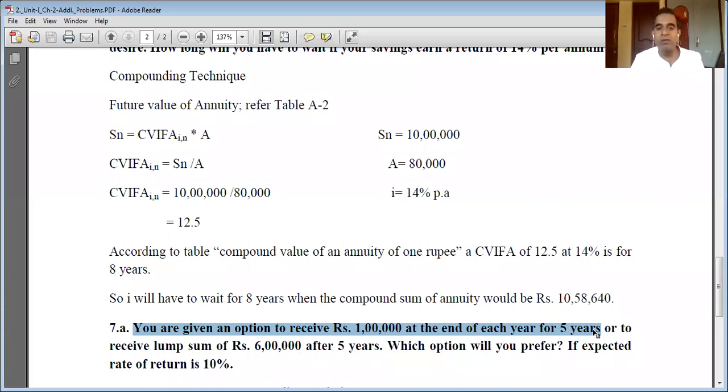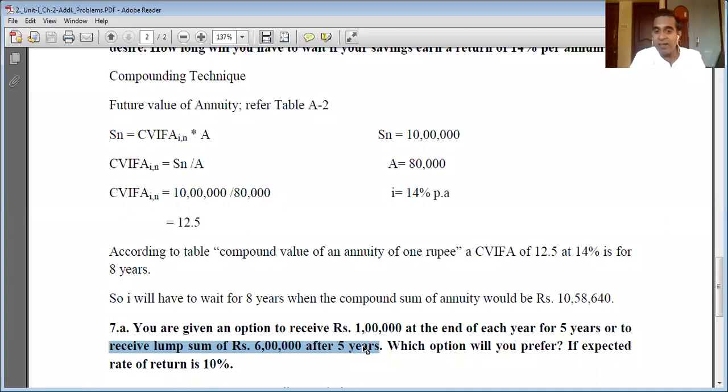At the end of second year, 1 lakh. At the end of third year, 1 lakh, like that. Or another option, to receive a lump sum of 6 lakh rupees after 5 years.